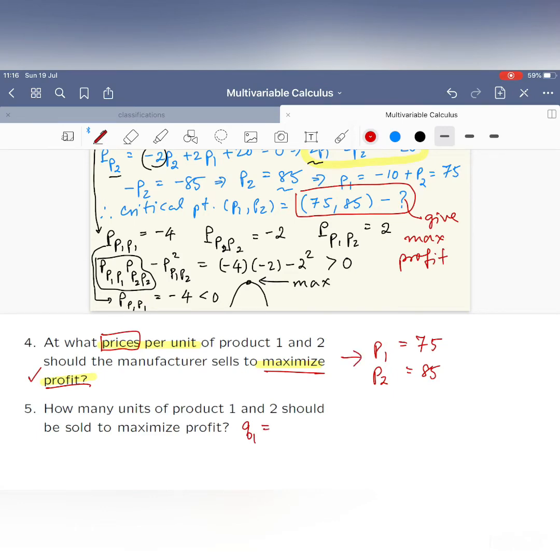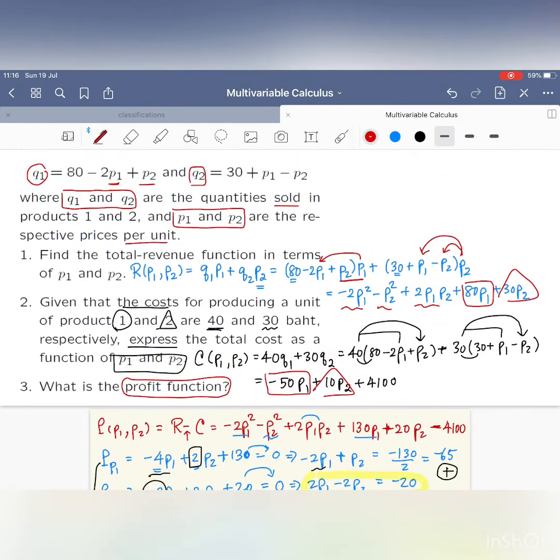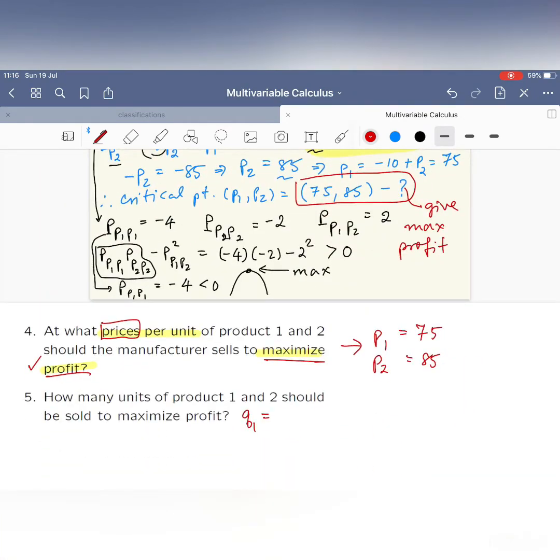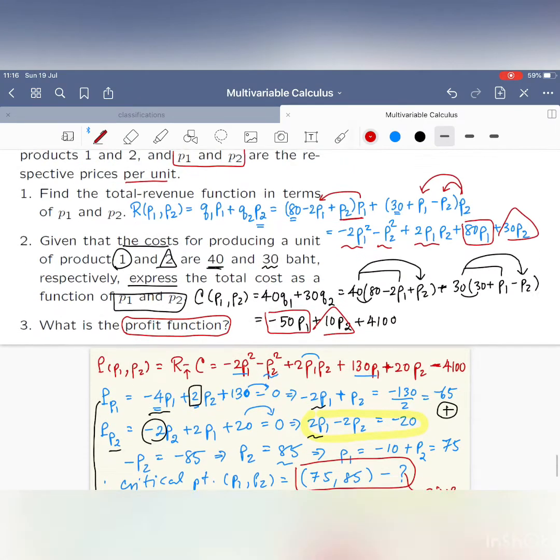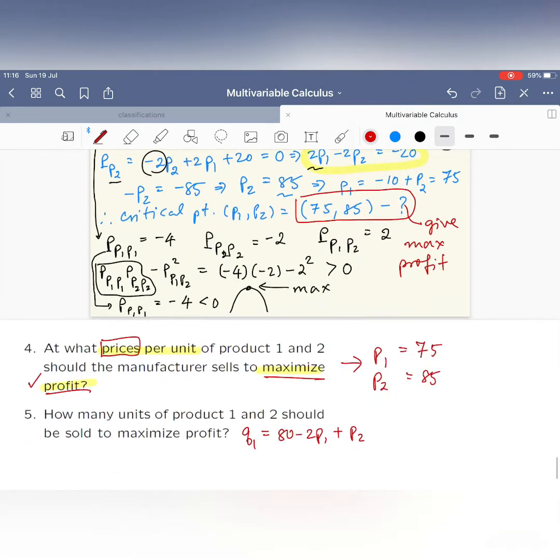So don't forget that your Q1 depends on the first price and the second price, which is 80 minus 2 P1 and P2, is it? You see here? Okay. So it is 80 minus 2 P1 is 75, P2 is 85, okay? And you can use your calculator to calculate what it is by your own.